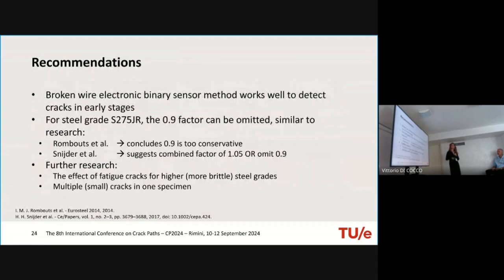Also, for steel grade S275, the 0.9 factor can be omitted, which is similar to research performed by Romhaus or Snijder, which all conclude that the 0.9 is too conservative and could be omitted for small cracks for this steel grade. Further research can also be done on the effect of fatigue for higher steel grades, which are more brittle, and also when multiple cracks are present in one specimen.